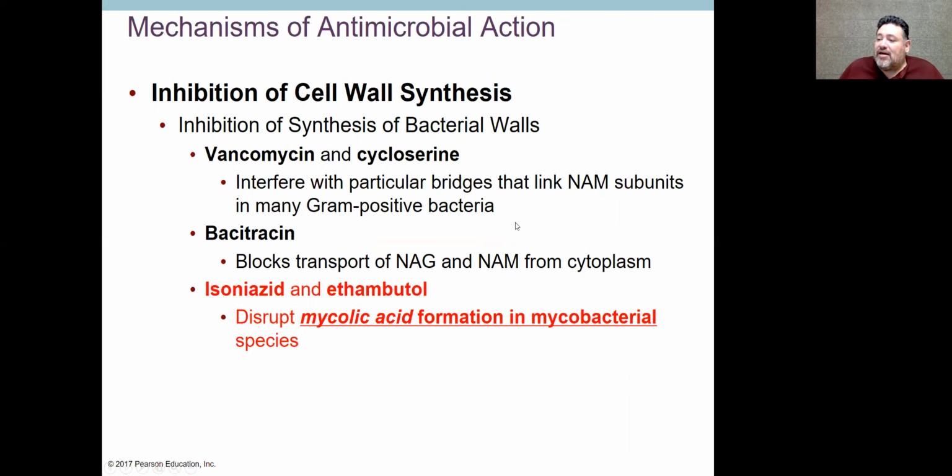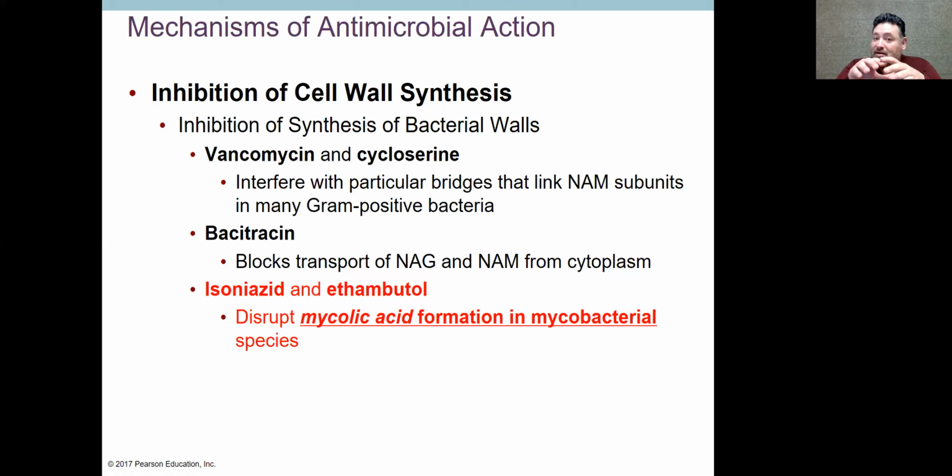Okay, moving to another one. Now we're talking about disrupting not peptidoglycan cell walls, but disrupting mycolic acid cell walls. Okay, and what are we talking about? We're talking about mycobacteria. What are mycobacteria?